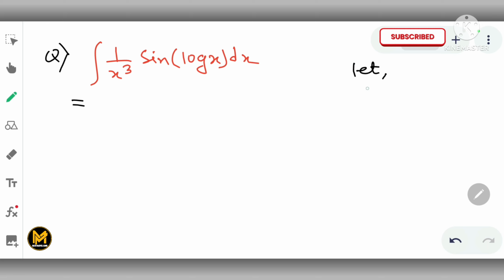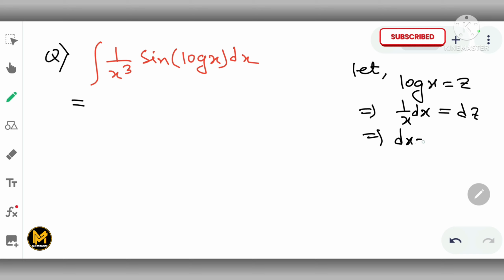Now let log x be equal to z. Being differentiated, we will get 1 by x into dx is equal to dz. Now dx is equal to x into dz, and x is nothing but e to the power z. We can derive it from the assumption, that is e to the power z.